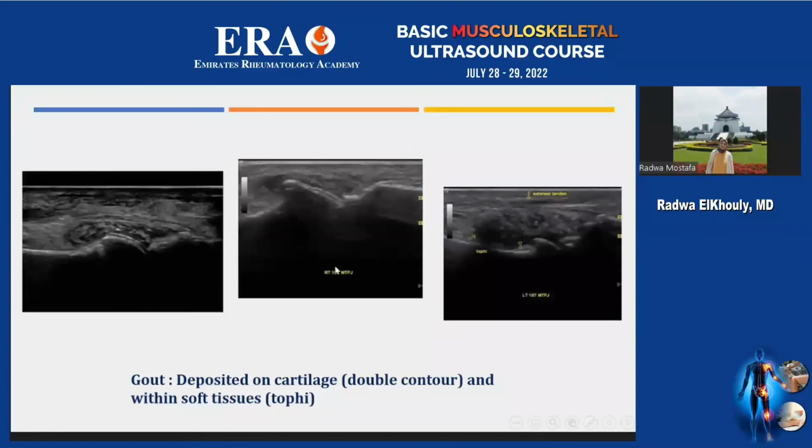Going to gout, here is the first metatarsal with synovial hypertrophy and hyperechoic deposition of crystals on the upper surface of the cartilage, forming a double contour, and the deposition of tophi in the first metatarsophalangeal joint.